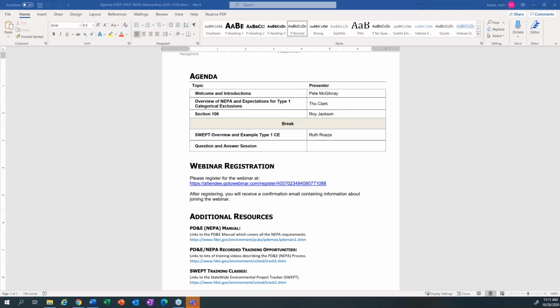It's my understanding that the NEPA documentation that's been presented by FDOT, as well as the Task 1 documentation with us, FDEP, will all be required.